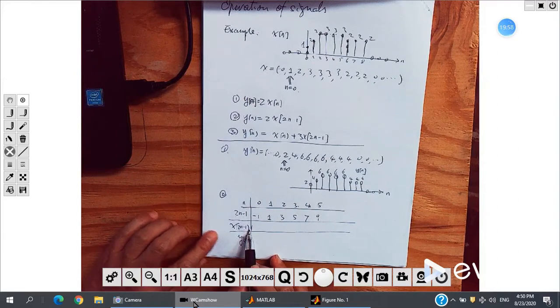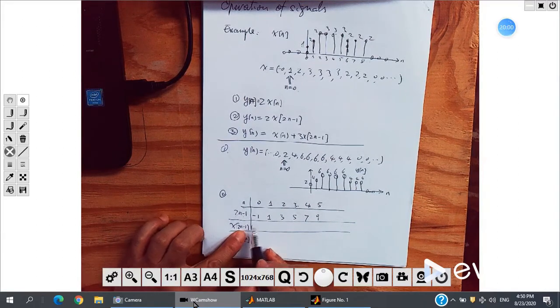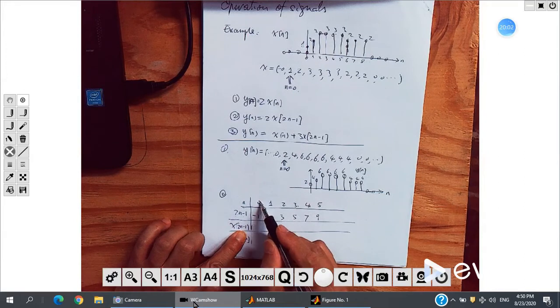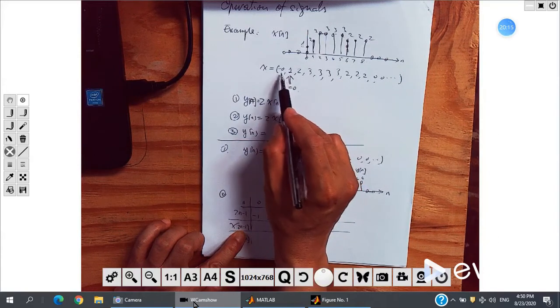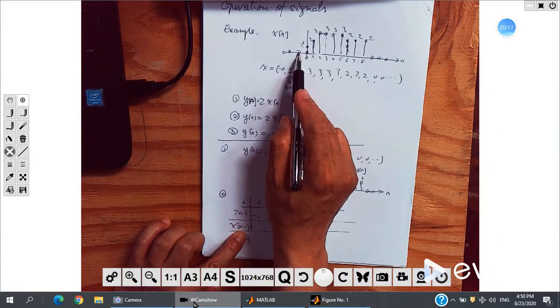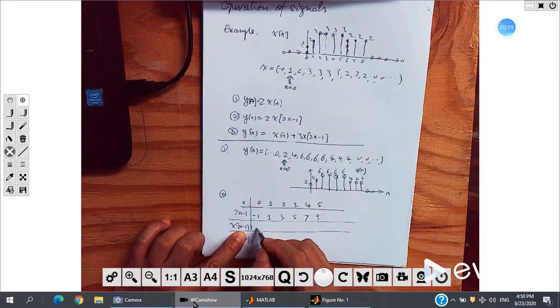Now 2n minus 1 is negative 1 for the first one, right? You look here, this value should be x[negative 1], and x[negative 1] is 0, so the first element here is 0, right?